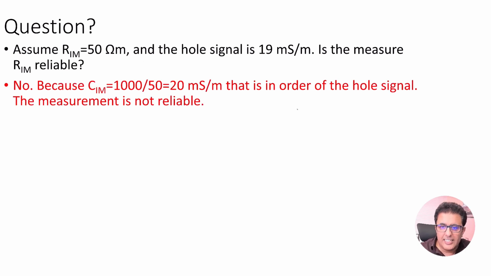Okay, guys, as you see here, the whole signal is 90 and the conductivity CIM is 1000 over 50, or 20 millisiemens per meter. From this example, you see that the conductivity is very close to the whole signal, and what I can conclude is that this reading is not reliable, and we cannot trust the data.